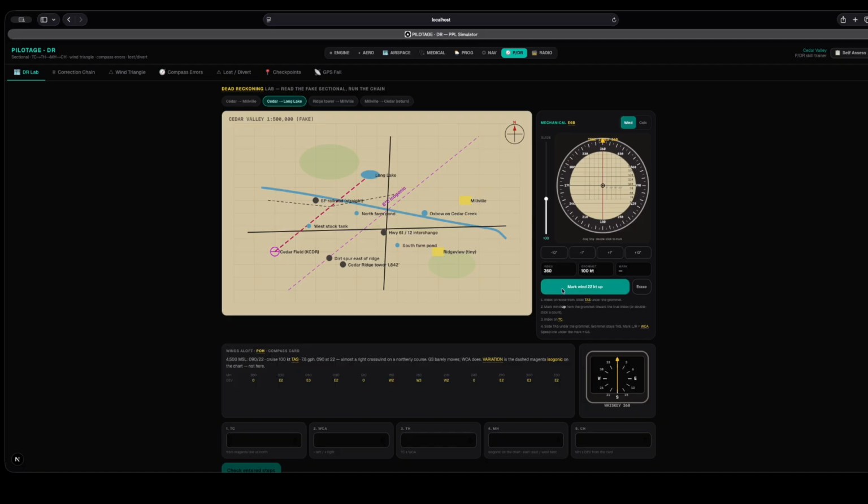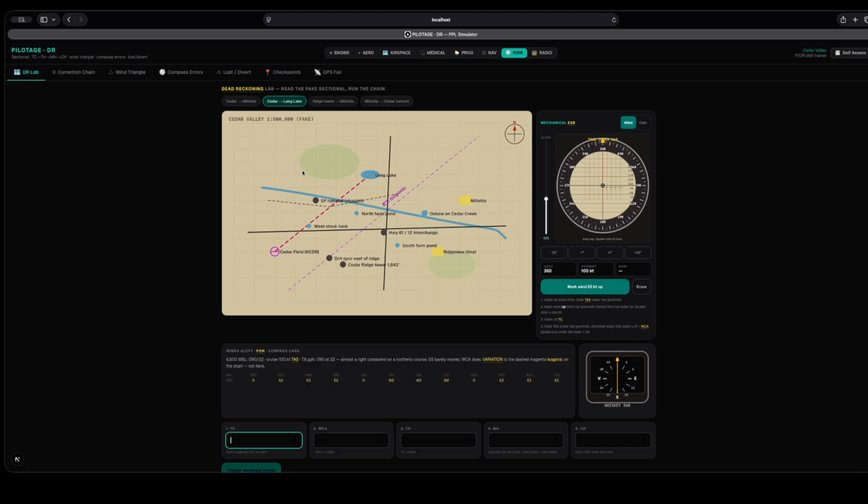So you've got your E6B and a Whiskey 360 calculator, and then our compass card, which are the primary tools that you'll need. The inputs we've got down here, and we'll talk through as we go through the scenario.